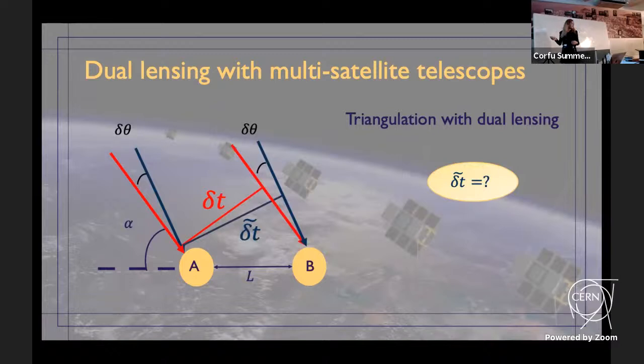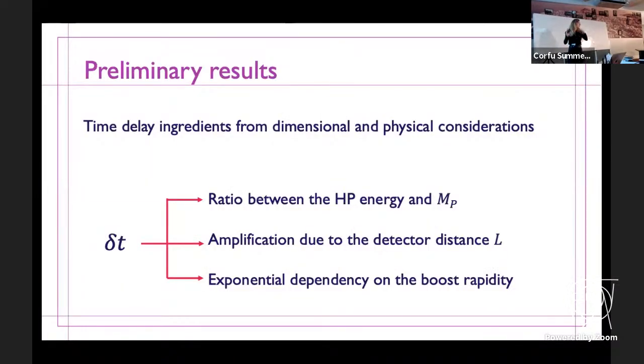So which is the value for this new time delay? Here I don't report the full expression because our results are still preliminary. But what we see is that all the ingredients that contribute to these corrections to the time delay are the ones that we might expect from both dimensional considerations and from physical ones.